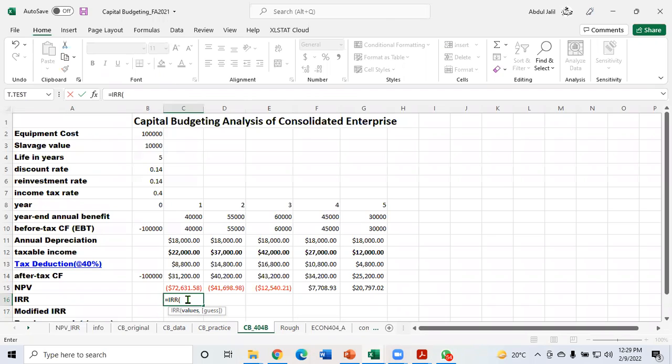What values do you need to incorporate in your internal rate of return? Starting from this value and this value.